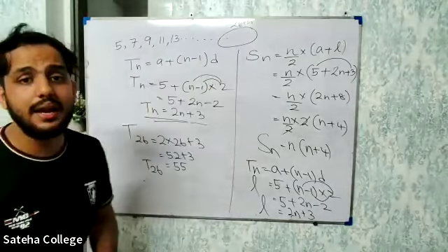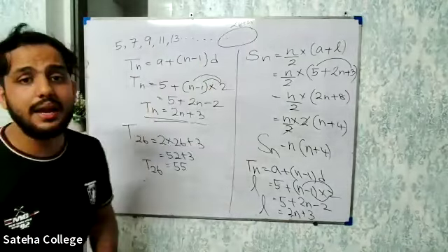So 26 into 3 is 78, add a 0. So that means after she puts money on the 26th day, the total money inside the till will be 780 rupees.